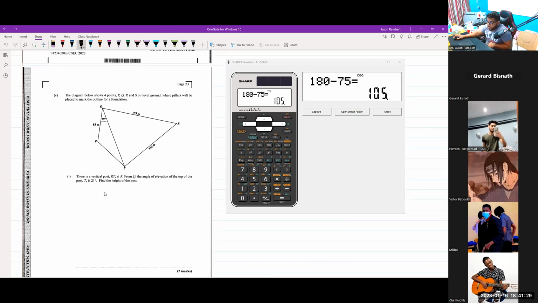Vertical post is RT. There is a vertical post RT at R. PQ, R and S are on ground level. Okay, cool.